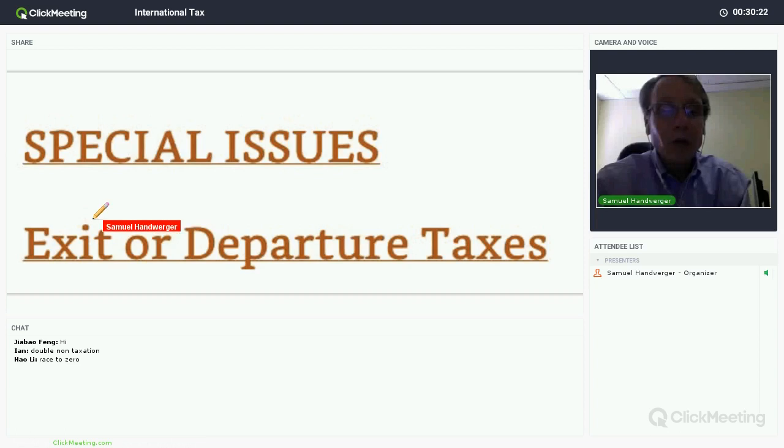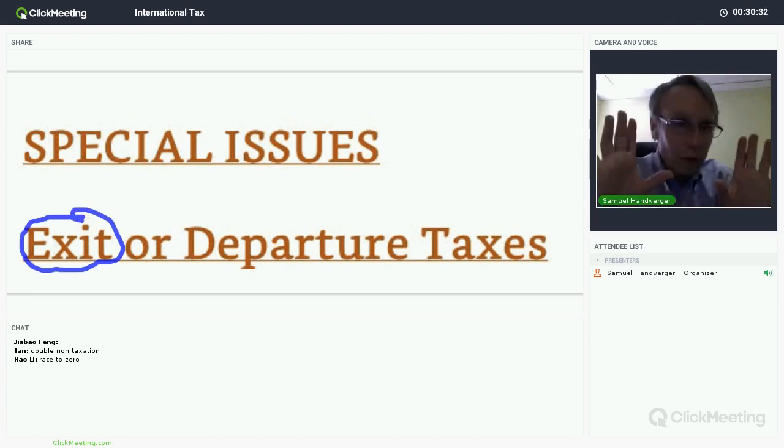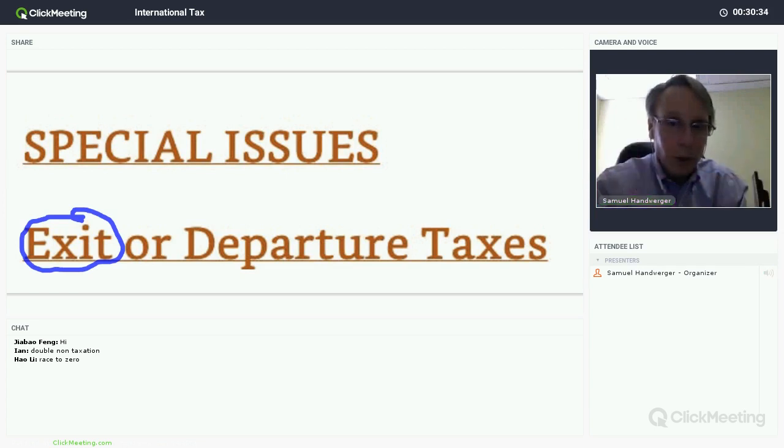In addition to that, there's the capital gain exit tax that we spoke about, and again, to remind you, the concept of U.S. exit tax is that you act as if all your assets are sold, pick up the gains and losses, and whatever it nets out to, pay a tax on the net gain if there is a net gain. And then there are exceptions. It's really for much wealthier people.